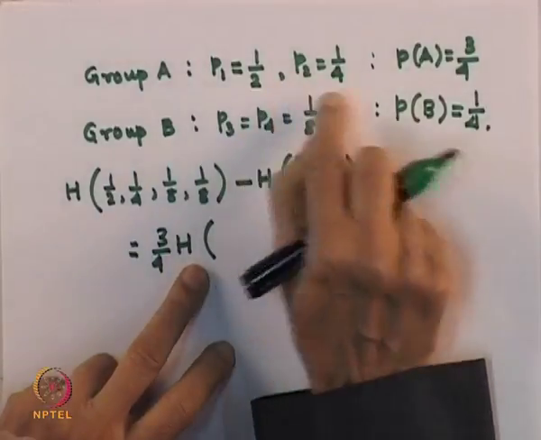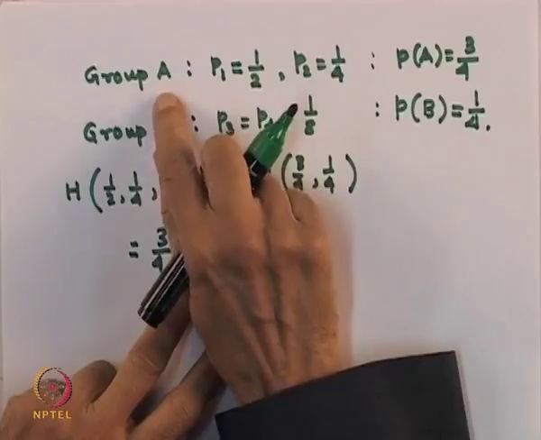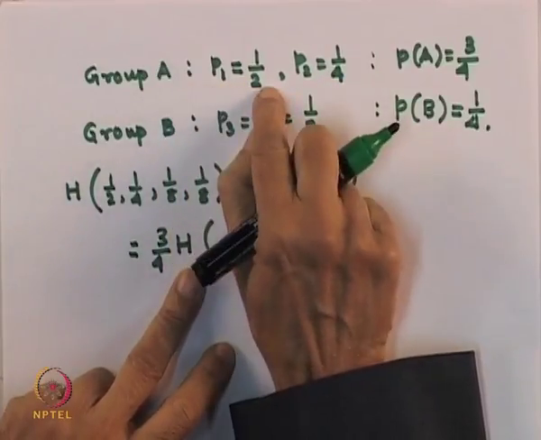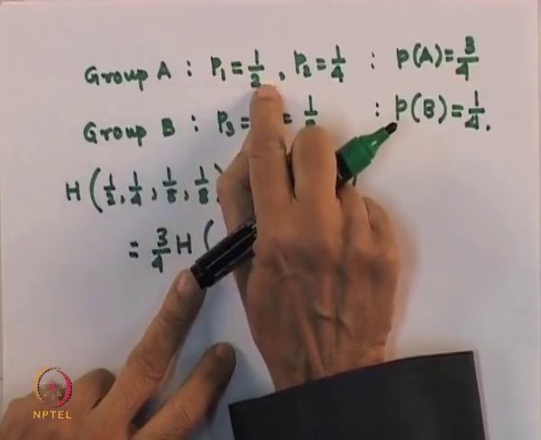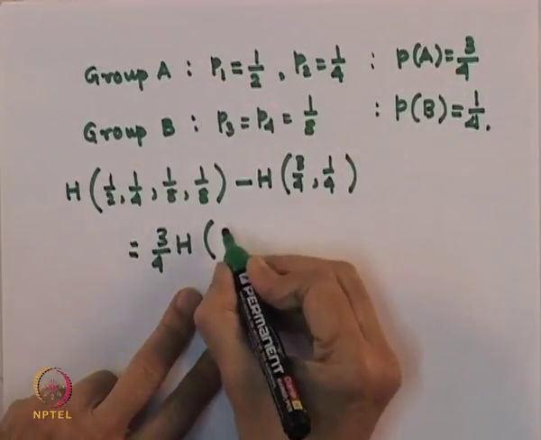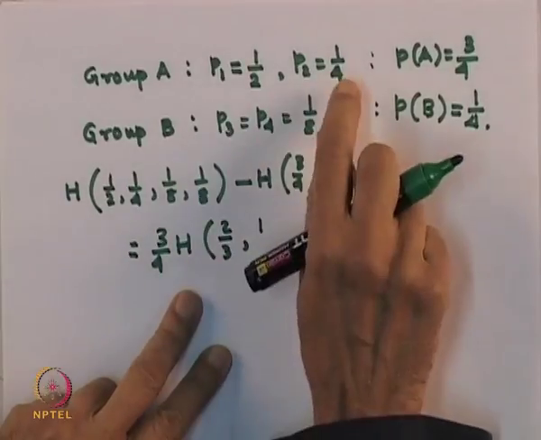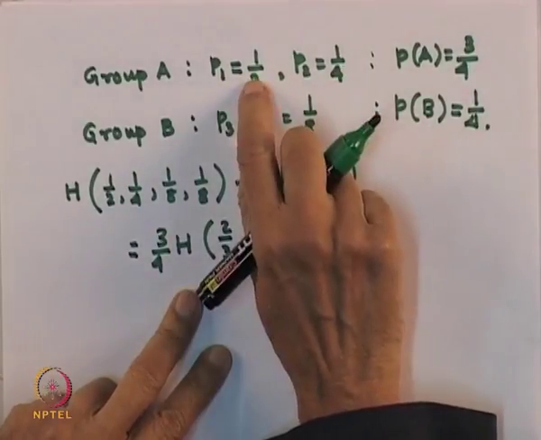You notice that given that the group is A, the probability corresponding to P1 would be 2/3, and this should be 1/3 because you can see this is half that of this one.